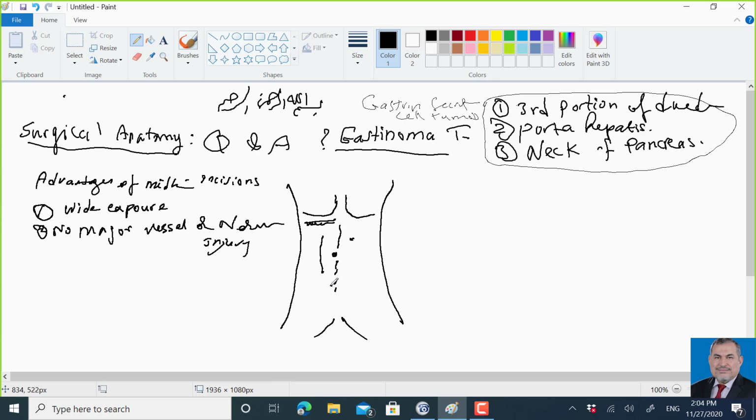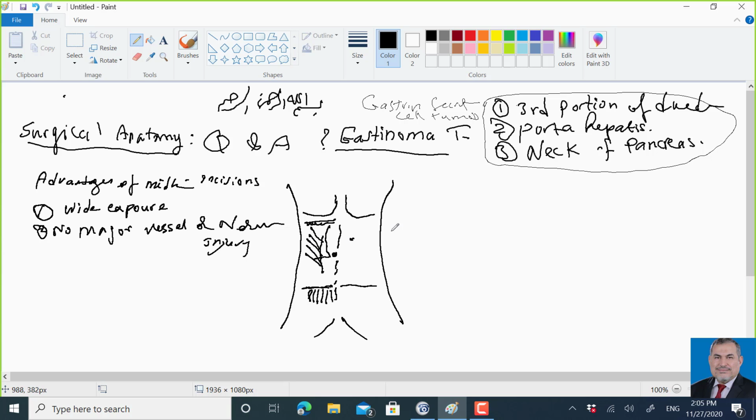Now below the arcuate line all the anterior and posterior layers form one layer, but in the upper and middle third there is anterior rectus sheath and posterior rectus sheath, formed from external oblique muscle and the anterior layer of internal oblique muscle.